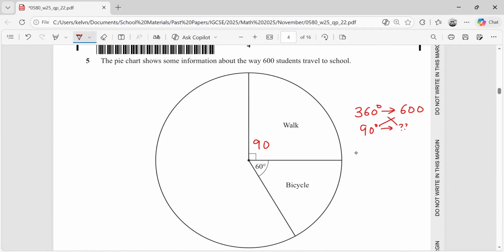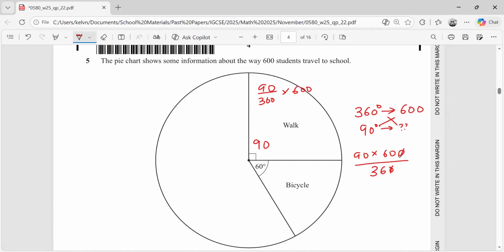So this would be 90 times 600 over 360. Alternatively, for those of you not very familiar with cross multiplication, you can just take 90 over 360 times 600. It's basically 90 over 360 of 600, and then you can figure out the number.